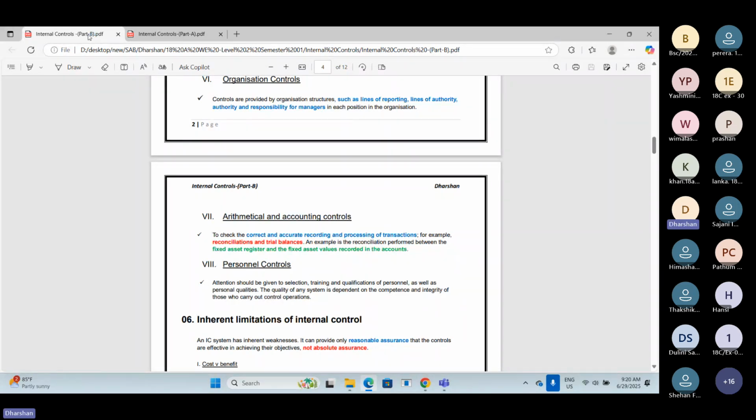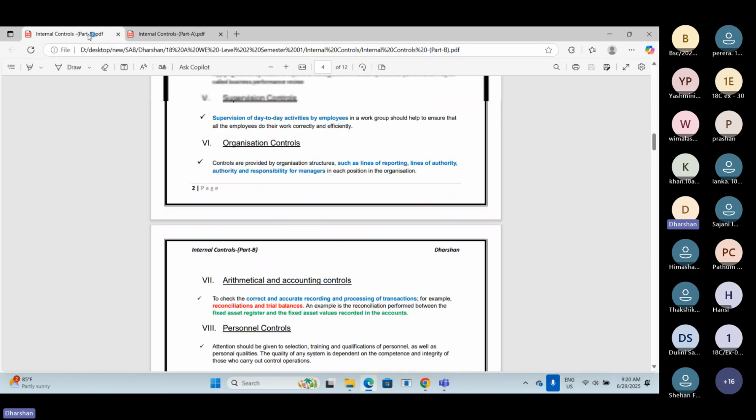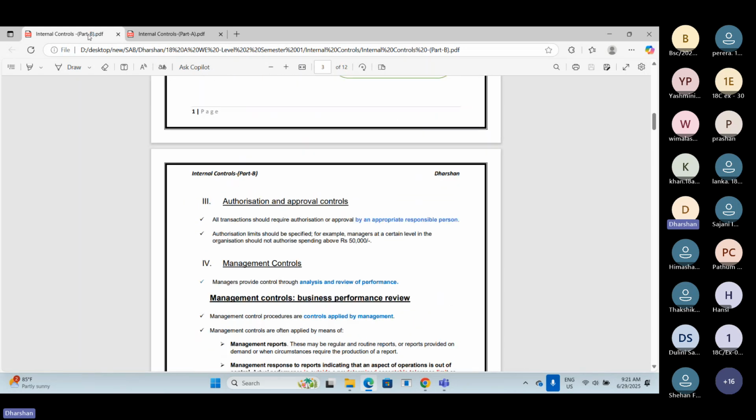When you are doing the recruitment process, always you should think you should get an experienced, knowledgeable person. Then only you will get expected output from him. Clear? So recruitment process and training process, those will come under personal controls. So with that personal controls also, control procedure is over.